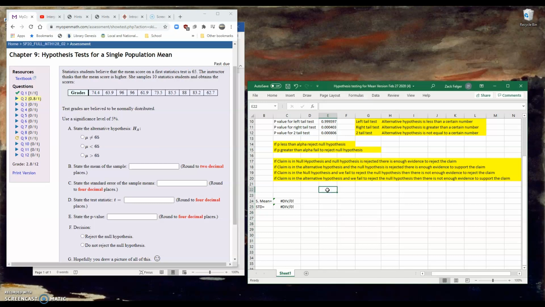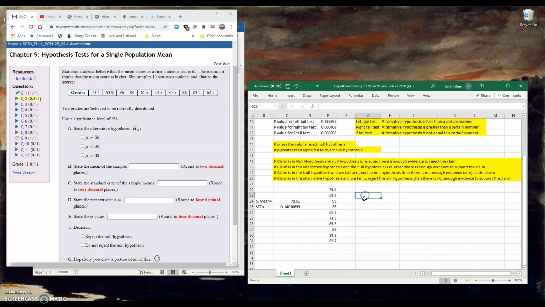Now, I am given 74.4, 63.9, 96, 96, 61.9, 73.5, 85.5, 88, 83.2, 62.7, and those are all my statistics right there.